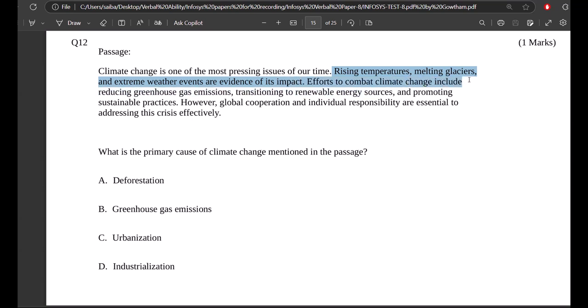Efforts to combat climate change include reducing greenhouse gas emissions, transitioning to renewable energy sources, and promoting sustainable practices. So, from this particular line, we understand that reducing greenhouse gas emissions is one of the causes mentioned in the passage. So, that is the reason option B is the answer.